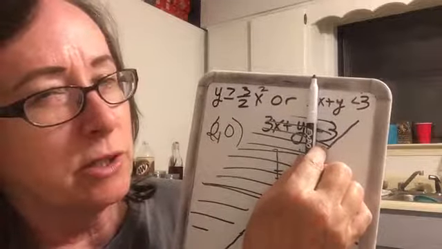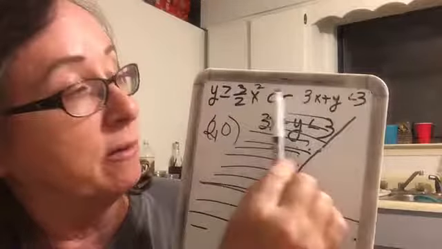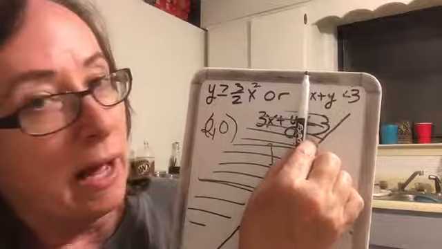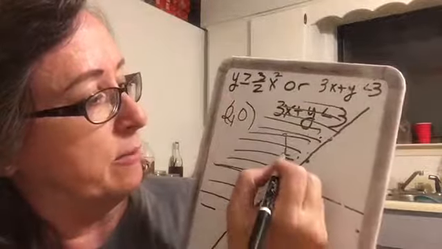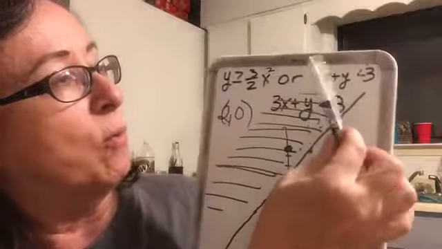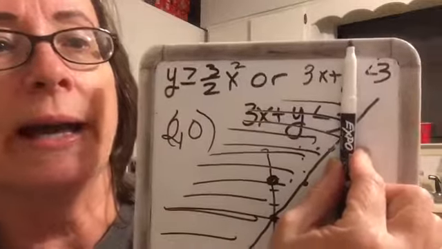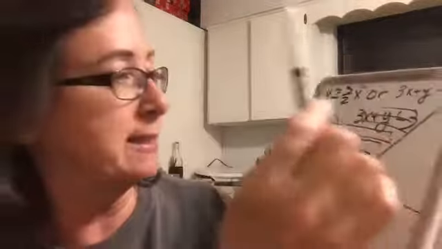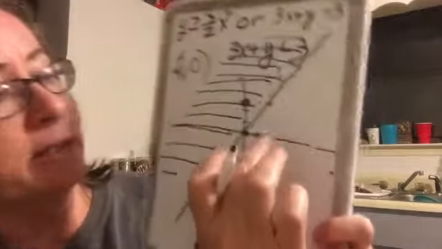Remember, when I'm plotting my line, I'm letting this be equal. So I let x be 0, y equals 3. So my y-intercept is 3. There it is. And when I let y be 0, my x is 1, because I'm pretending that's an equal sign. So x is 1.